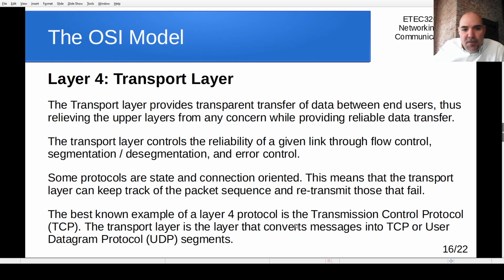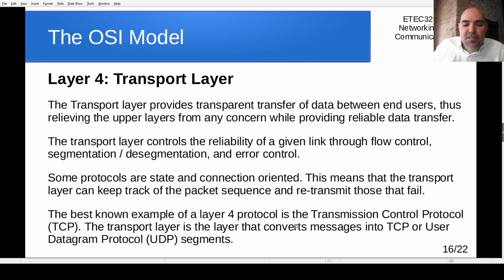So in other words, if we have a really large amount of data, too big to fit in any one of those little segments that we're going to send, then we need to cut that up into smaller pieces and then put it back together on the other end. And if pieces are missing, we need to fill in the blanks. That's the whole idea of the transport layer: segmenting and sequencing and then verifying reliability.